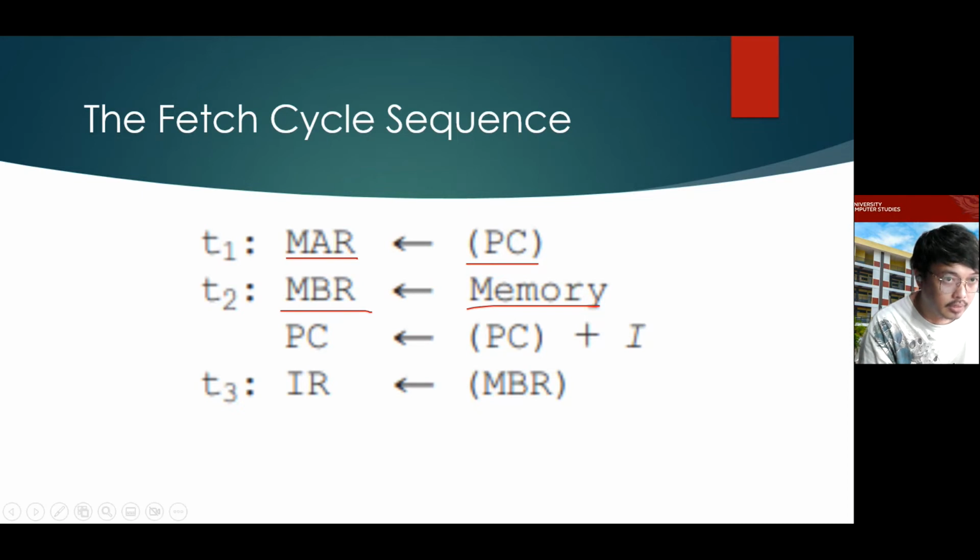Again, the MAR is the memory address register, which specifies the address in the memory to be read or written. And the PC is holding the address of the next instruction. This means the address held by the PC goes to the MAR, which specifies the address that comes from the program counter.